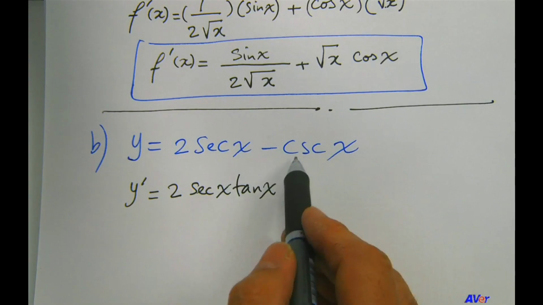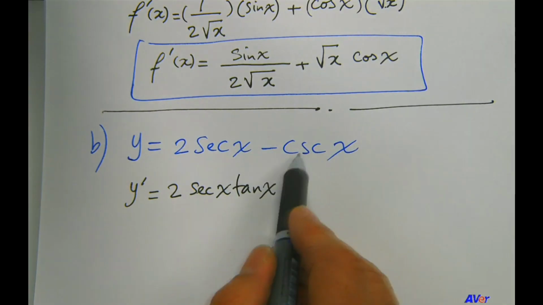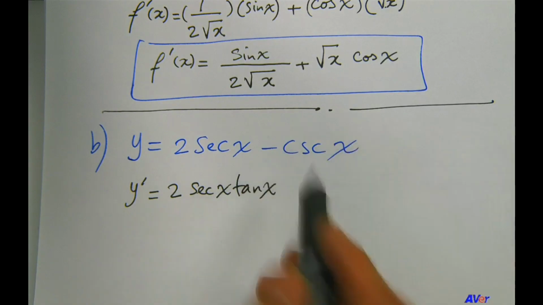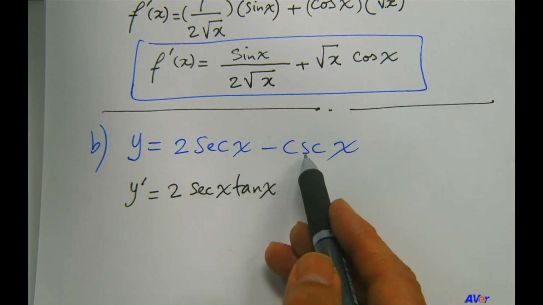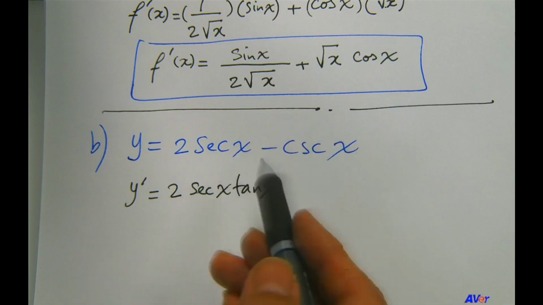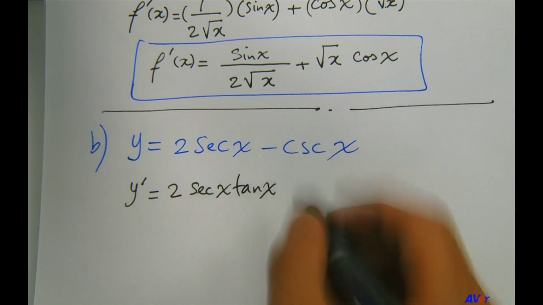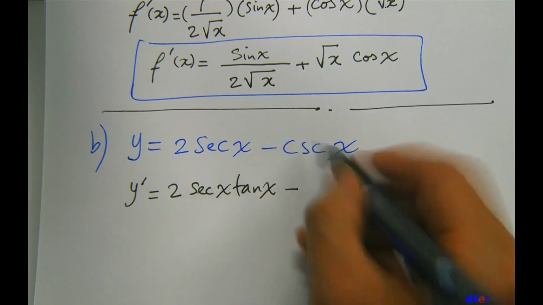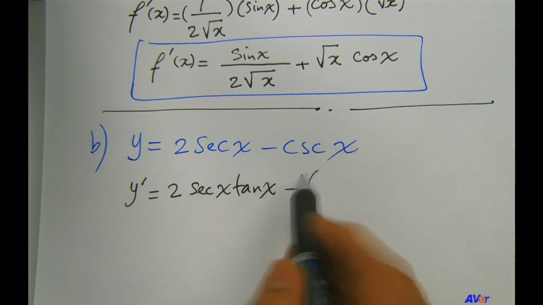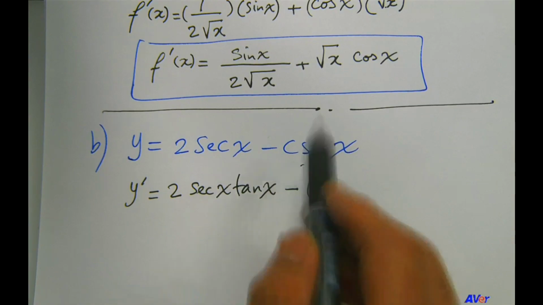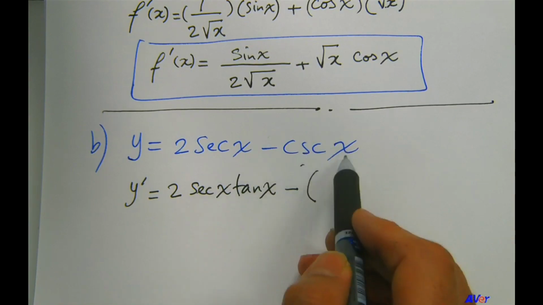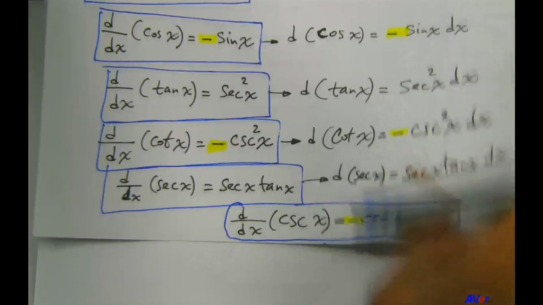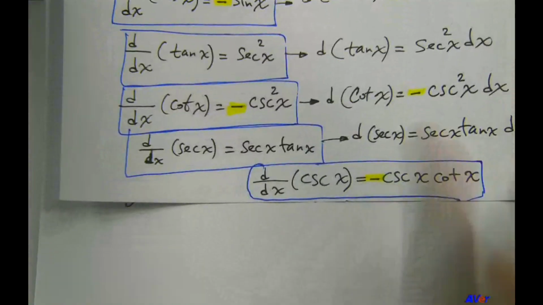Then the derivative of the cosecant of x, this is one of the ones that generates a negative derivative. So minus times minus would be positive, right? So let's take it step by step. Minus, and then the derivative of that would be minus cosecant of x cotangent of x, right? That's also here, right there.